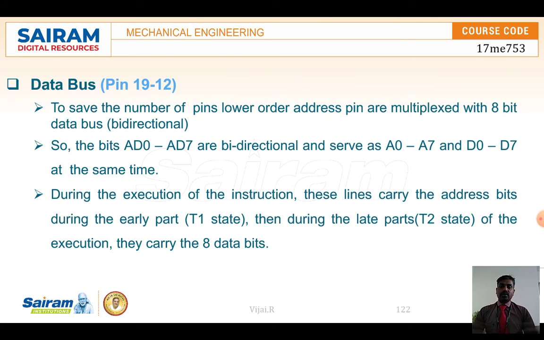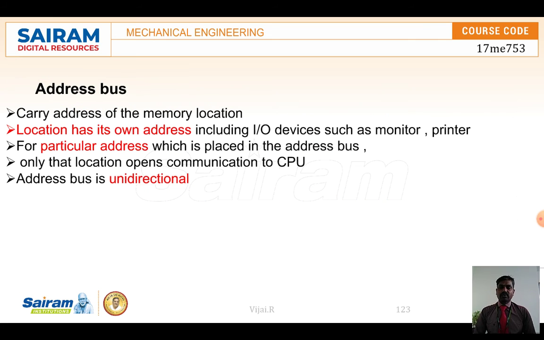The address bus is the one that shows the location of the memory address. Normally any information that comes will be stored at an address. Each location has its own address, including devices like the monitor, printer, whatever it is. So for a particular address, only if I send a signal, only that address will be open.